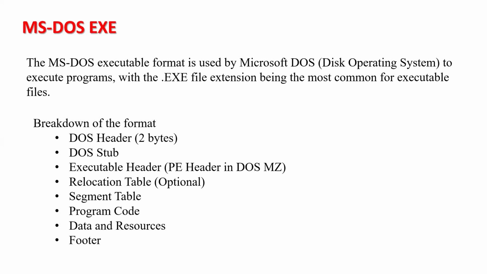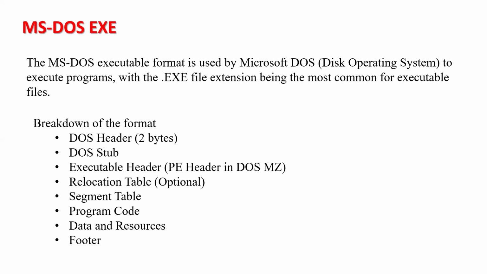This segment table helps the operating system to load and map these segments correctly into memory. Then after the segment table, you will find the program code. After the headers and tables, the actual code of the program starts. The code section contains machine code instructions that the CPU would be executing.